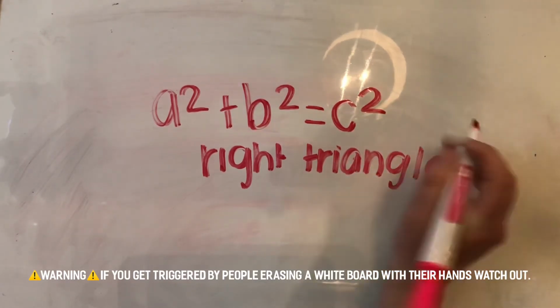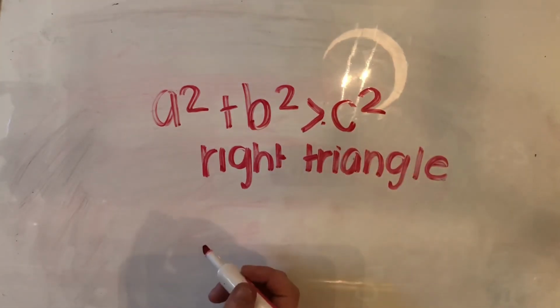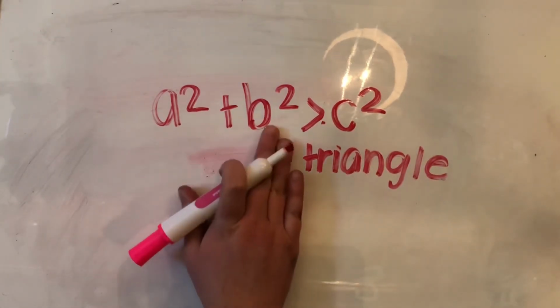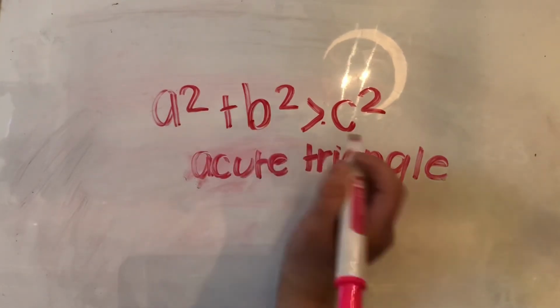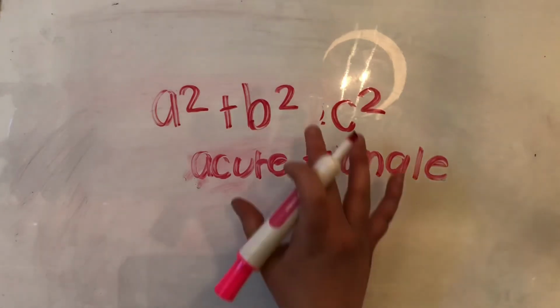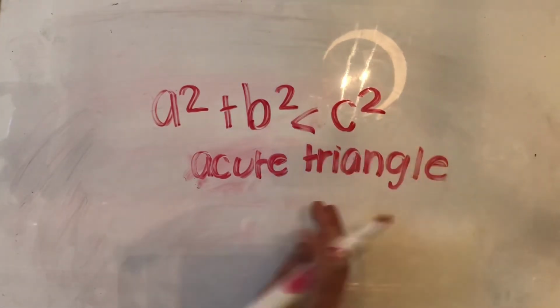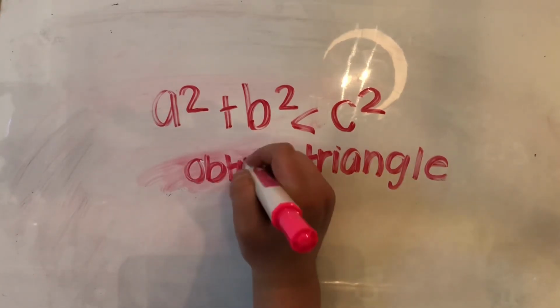But if a squared plus b squared is greater than c squared, we know that it belongs to an acute triangle. And similarly, if a squared plus b squared is less than c squared, we know that these measures belong to an obtuse triangle.